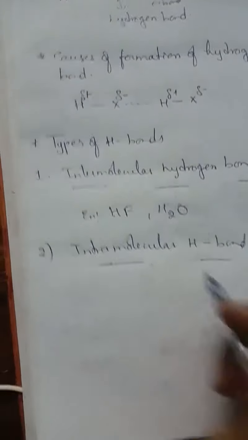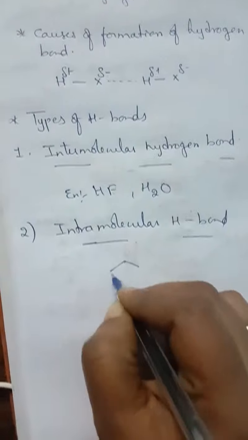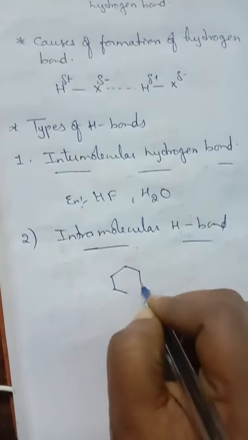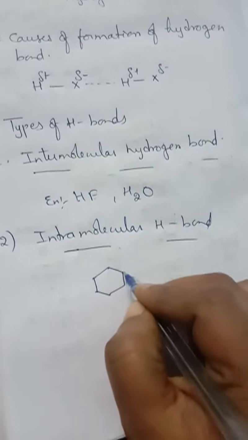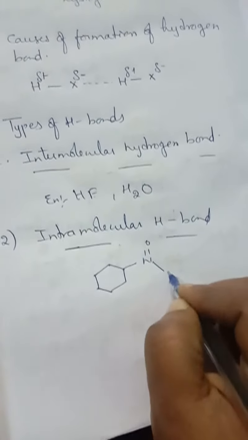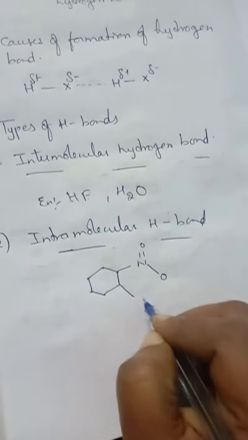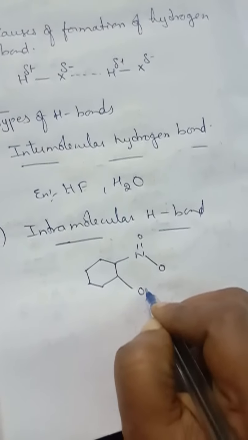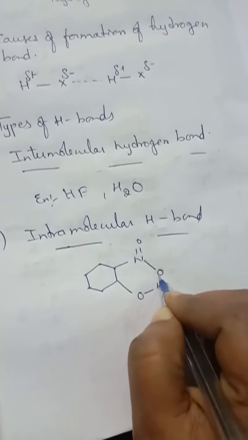For example, look here, I am going to draw a diagram. This is oxygen and here also oxygen. Between them hydrogen is present. This is a dotted line.